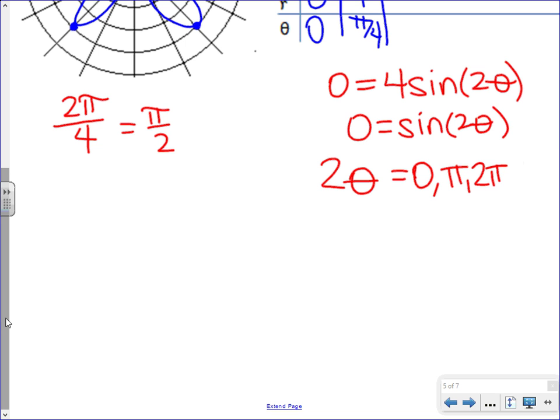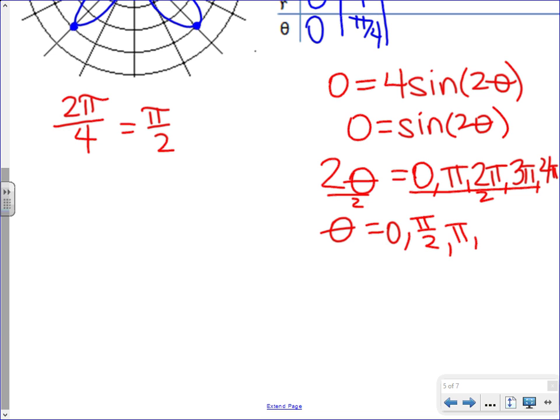So where's the next place the sine is 0? 3 pi. Where's the next place sine is 0? 4 pi. So our zeros are at... We're going to have to divide both sides by 2, right? So we have 0, pi over 2, pi, 3 pi over 2, and 2 pi.